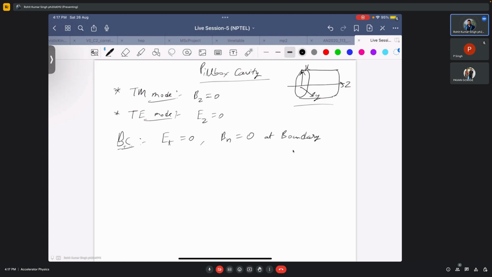We have ER, E theta and EZ, right? Now which of them will be zero at the boundary? Which are the tangential components? E theta is tangential. Yeah, you're right. E theta and Ez, correct.